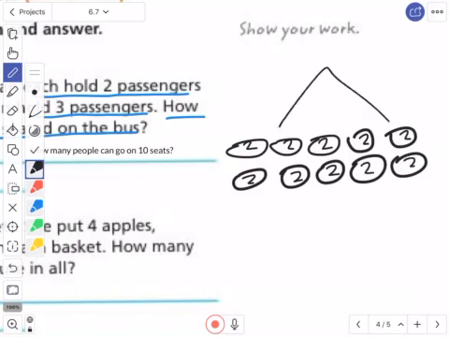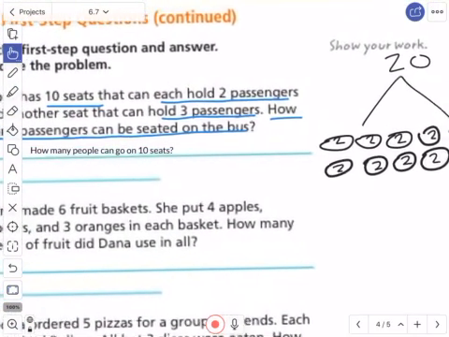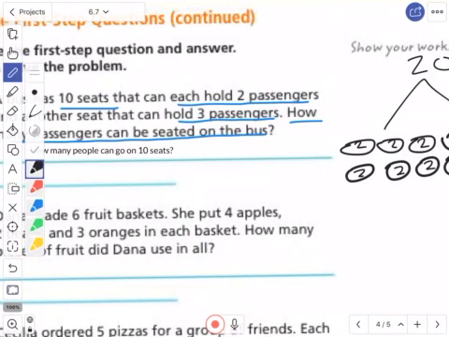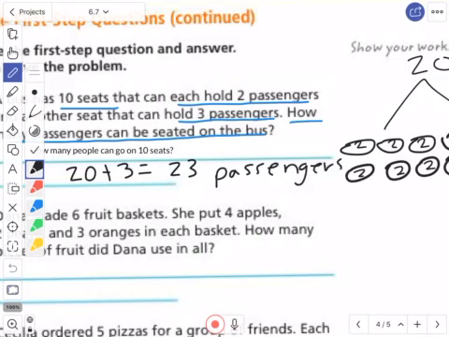And I put all those together. 10 times 2 is 20. So I know that 20 people can go in that part. And then one seat that has 3, okay, well that would be 20 plus 3, 23 passengers. So 23 people can go on that bus.